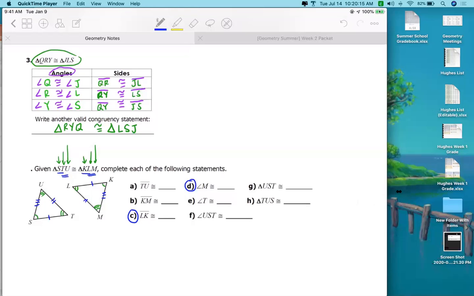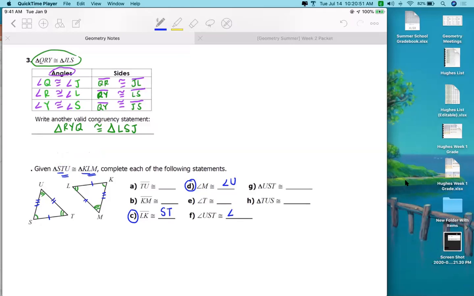Okay, I'm gonna close this off so we can do some homework questions. Okay, so your answer to part C should be ST and angle U. I don't think you guys need help for A through E, but let's say for F and G and H, if you start off with UST, that means I gotta align the letters for UST.